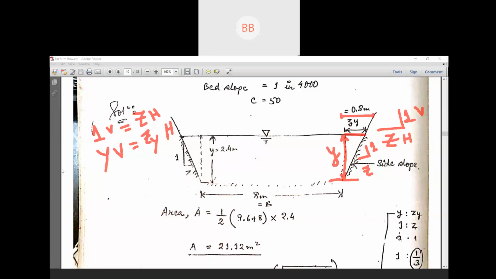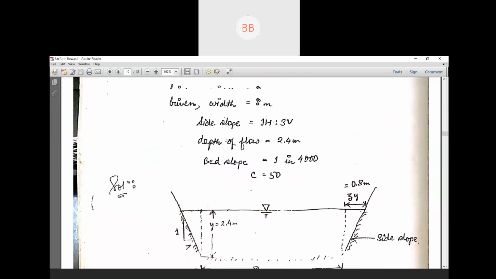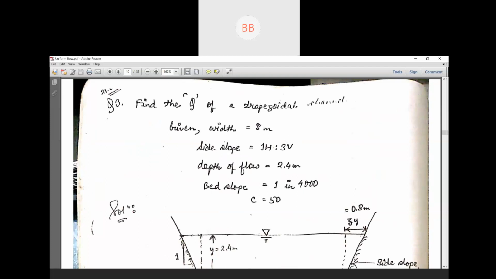Suppose now in our case, what is the slope given? One horizontal is to three vertical. In this question, it is given one horizontal is equal to three vertical.